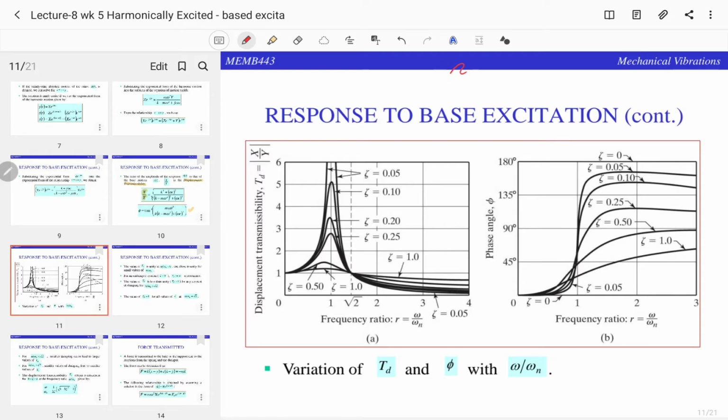Previously, if you remember, in fixed base you have x over the static deflection, which is your F naught over k, and we call it amplitude ratio. But the figure is quite similar.